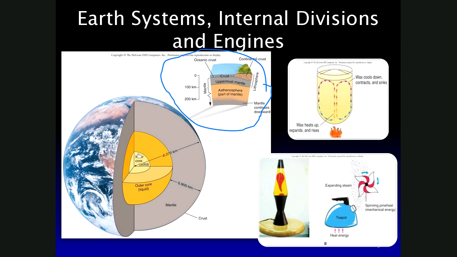Now, it also shows here engines. So we have good reasons to believe that Earth's systems are mobilized or affected by heat engines, H-E-A-T, heat engines. So what is the function of engines?